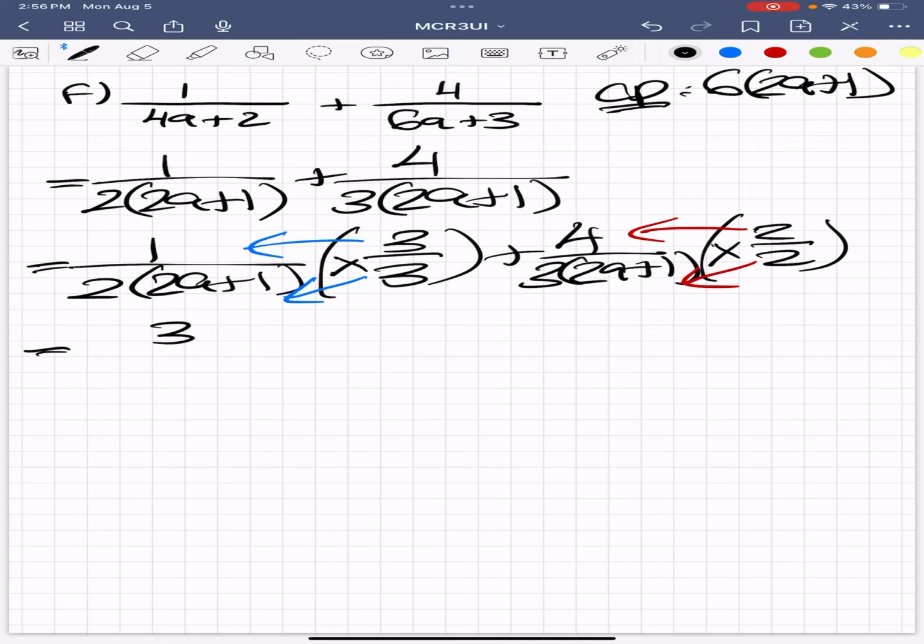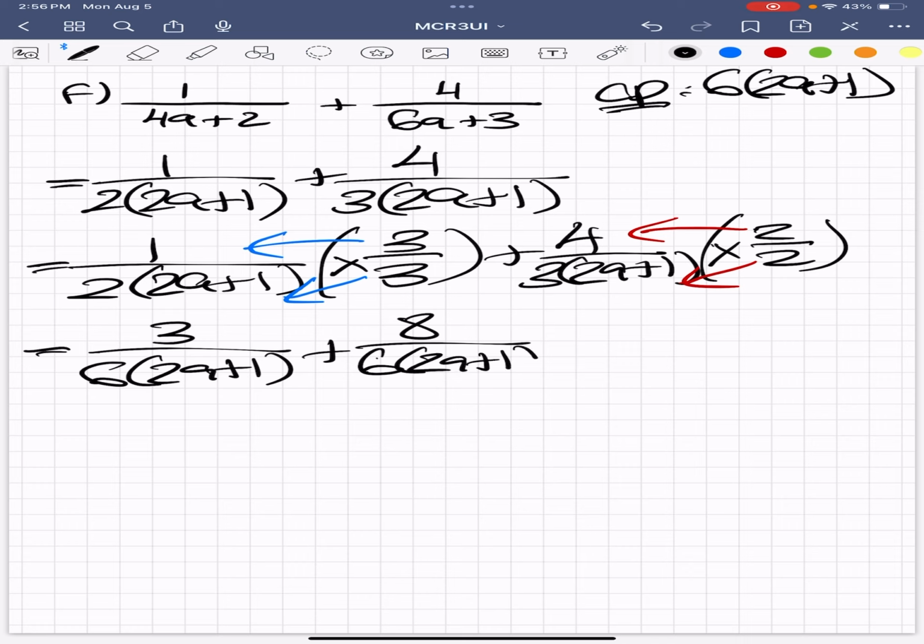We are left with 3 over 6(2a plus 1) plus 8 over 6(2a plus 1), and then we are left with 11 over 6(2a plus 1).